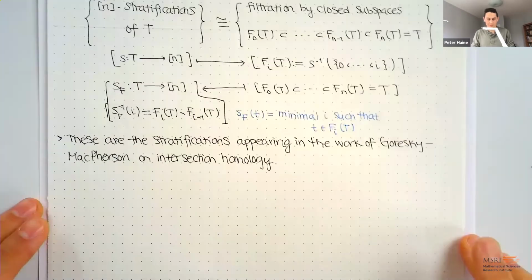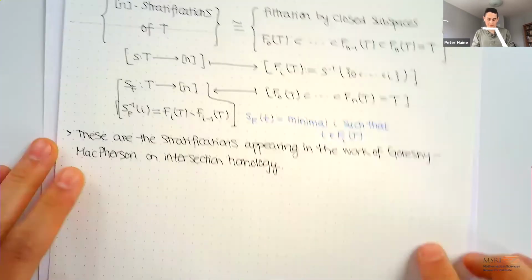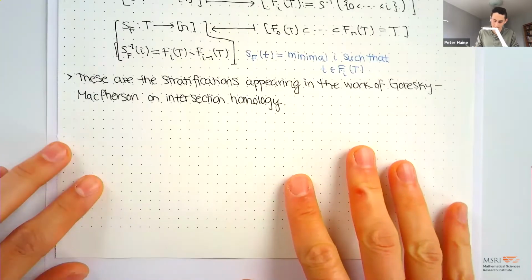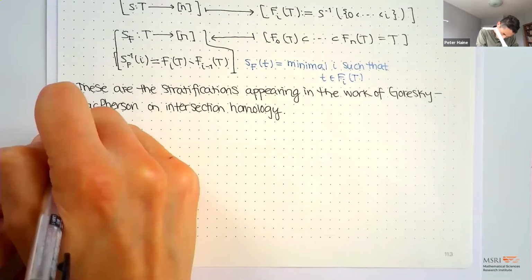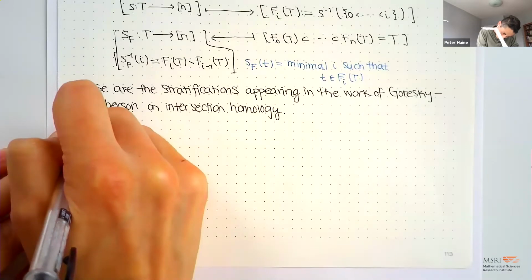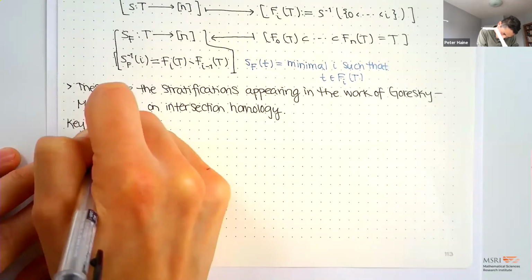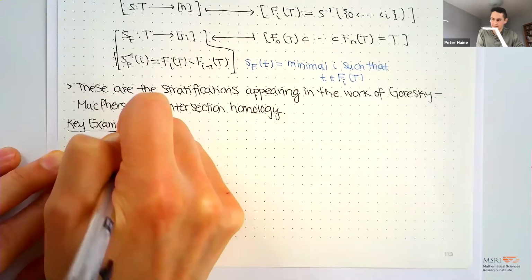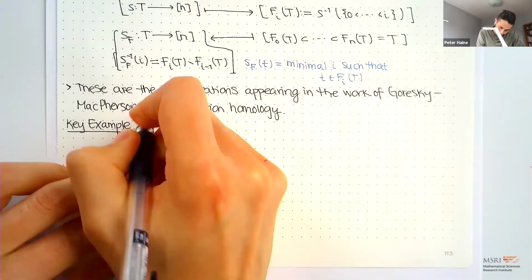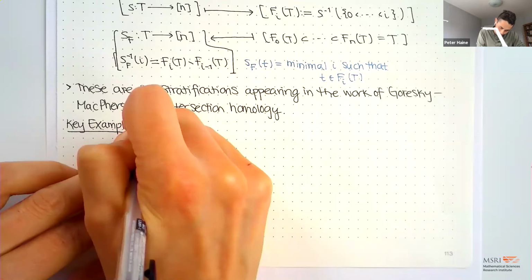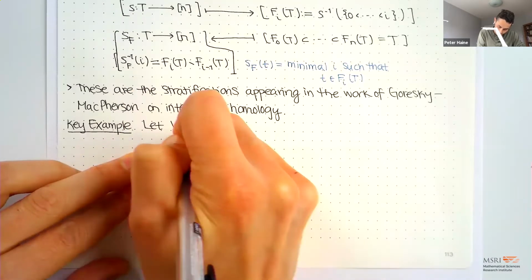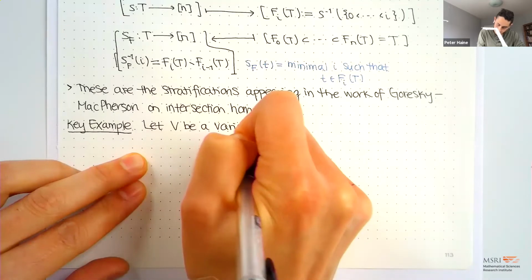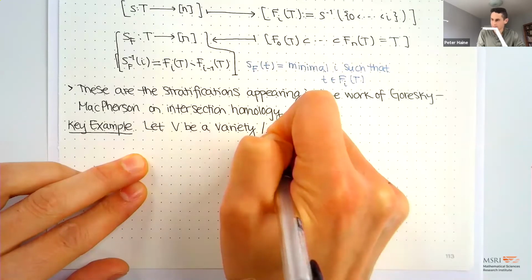Okay, so this is some sort of general example, but there's a key example to think about. Let V be a variety over the complex numbers.